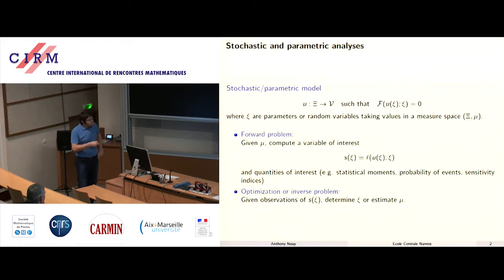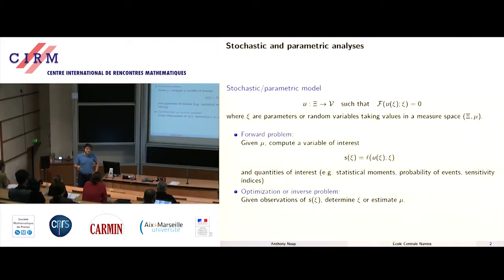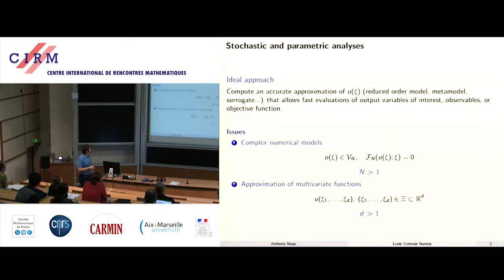And also another and more challenging issue is the problem of optimization or inverse problems, where given some observations on your output, you try to infer the value of the parameters, or even more challenging, the probability measure of your random parameters. So these are the typical questions you may be interested in in uncertainty quantification.